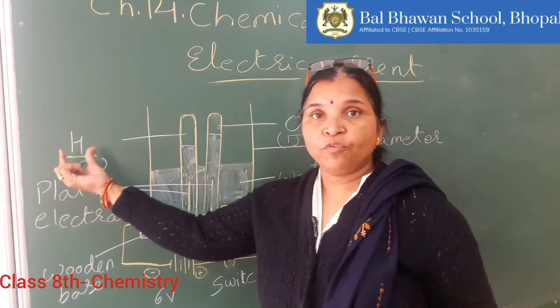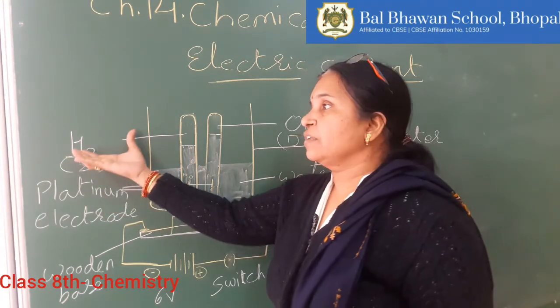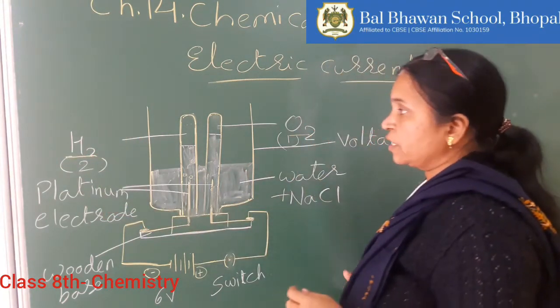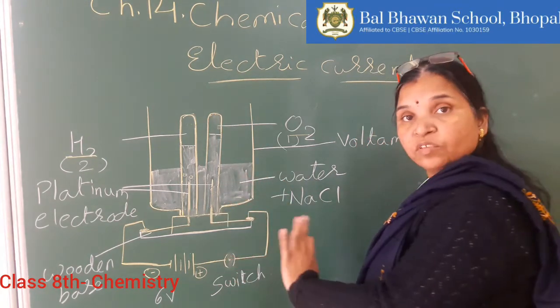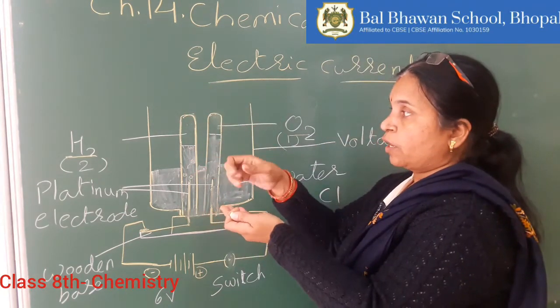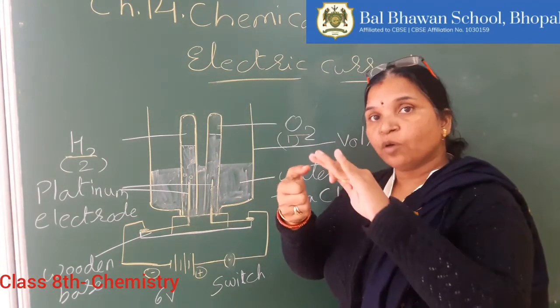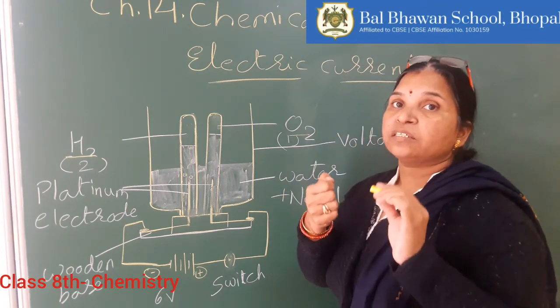Now, before confirming this, how can I say that this is hydrogen gas or oxygen gas? So children, I will stop this process by turning off the switch, and then I will remove this test tube, and I will close the mouth of the test tube, and then I will bring the matchstick near this test tube.